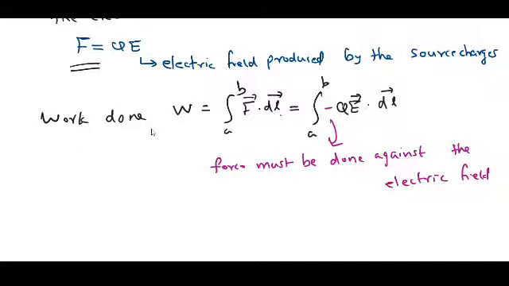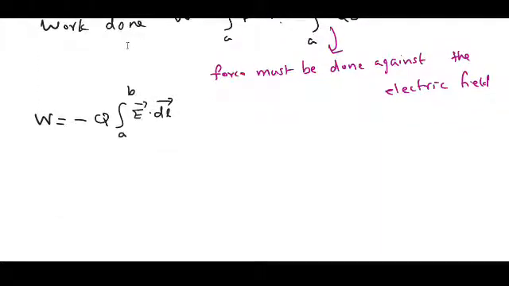Fine. Now let us write this work as, we can take minus Q outside of the integration. This will be integral A to B of E dot dl. In the last class we discussed one fact: if a charge Q is here, that is a source charge, the electric field lines will be emerging away from this charge.